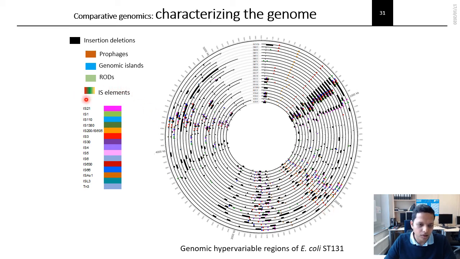So insertion sequence elements are known to play an important role in horizontal recombination and the insertion and deletion of genes. The bottom line is, by using comparative genomic analysis, we can see the differences in different genomes, or what we want to study in a certain group of isolates, and what the differences are in these isolates based on their genome.